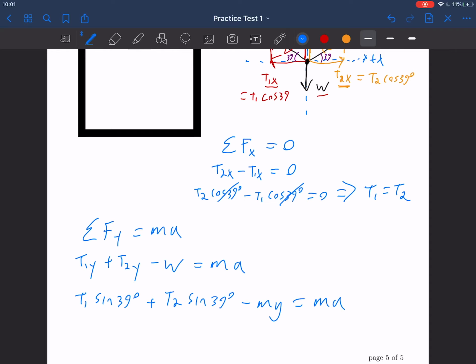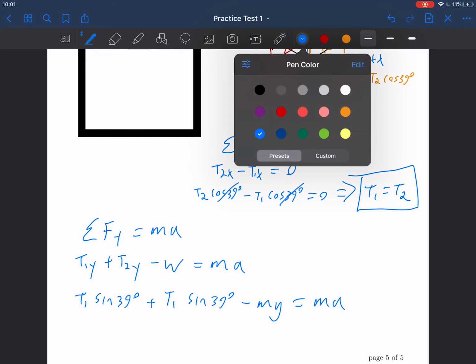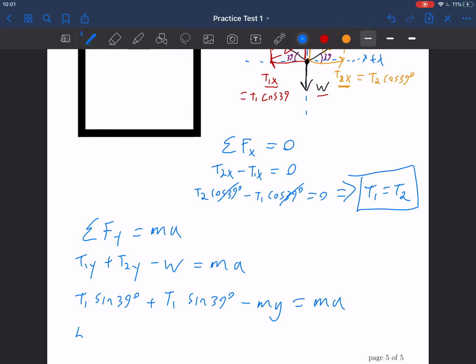Okay. I can now use the formula I derived already, T1 is equal to T2, to just go ahead and rewrite T2. Go ahead and write T2 as T1. Okay. Those forces must be the same, so I can replace T2 with T1. And now I can see that this becomes 2T1 sine of 39 degrees.